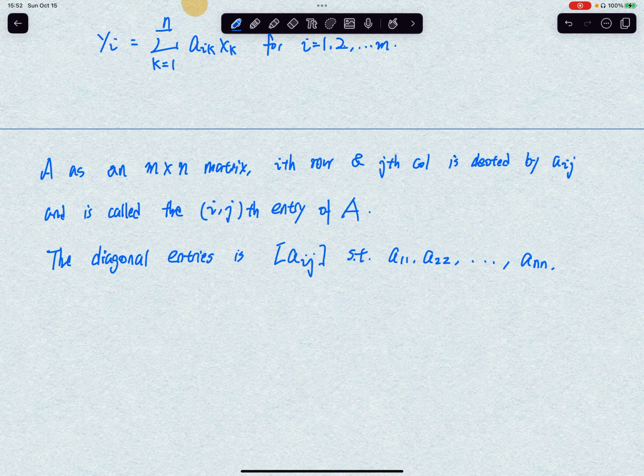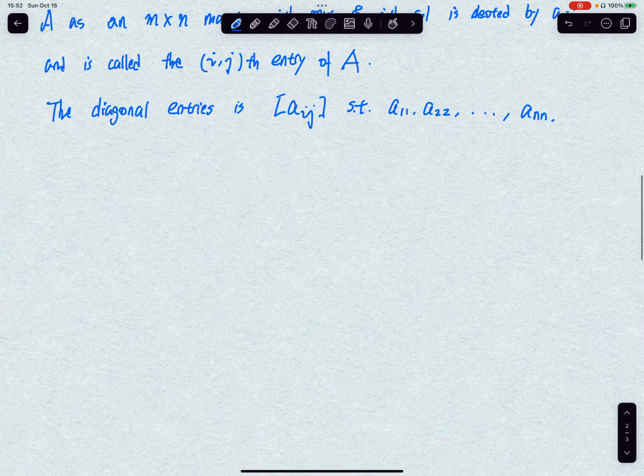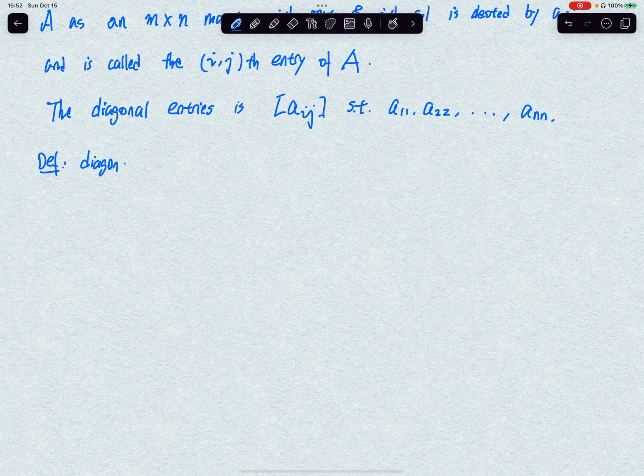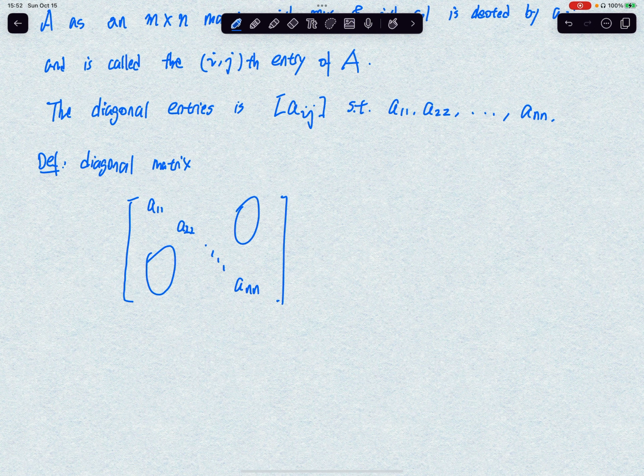The diagonal matrix is a square matrix n by n, whose non-diagonal entries are 0. So diagonal matrix is in the form A11, A22 up to Ann, with all the remaining elements being 0, and is an n by n matrix.